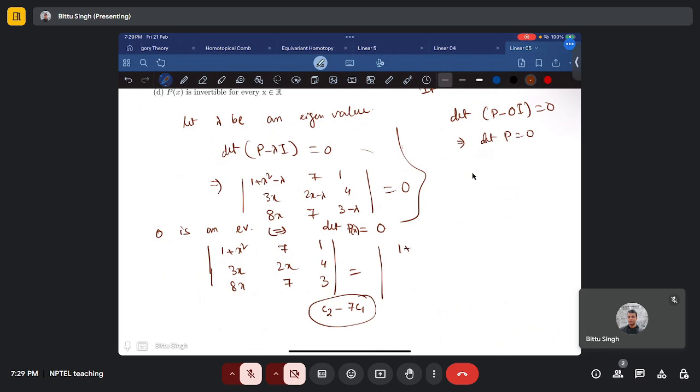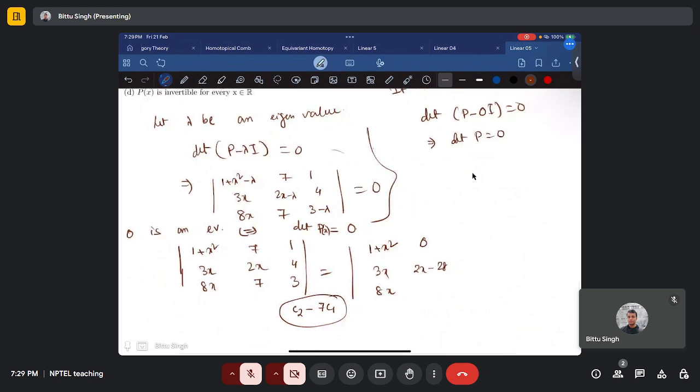So the first column is unchanged, the second column is 7 minus 7, which is 0, x minus 28, 7 minus 21, that is minus 40. Only 143.